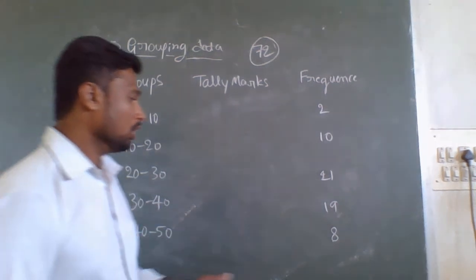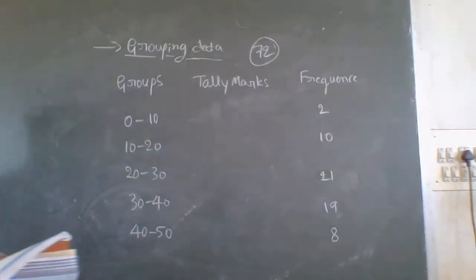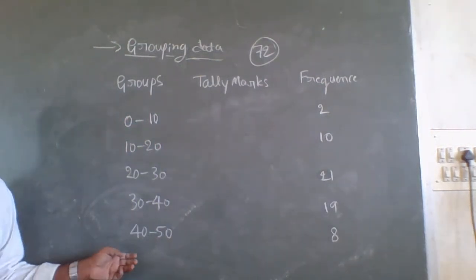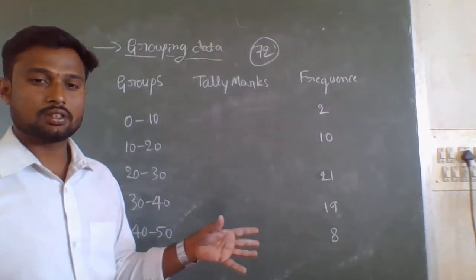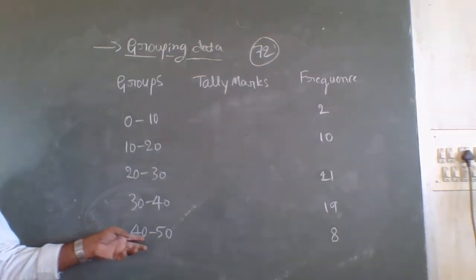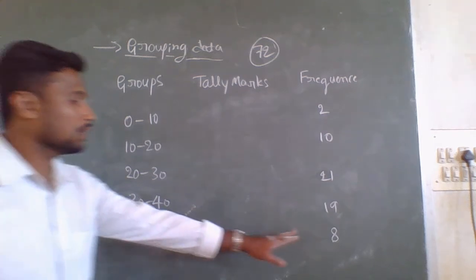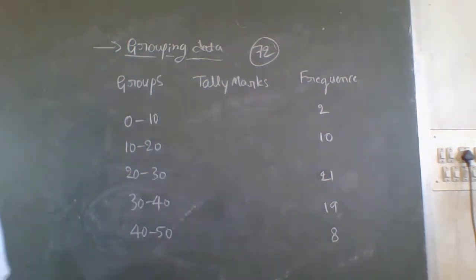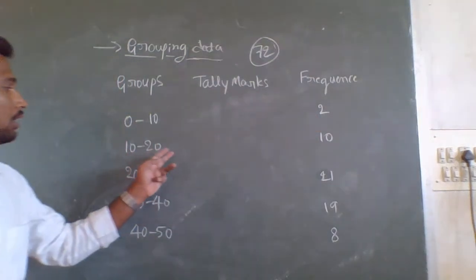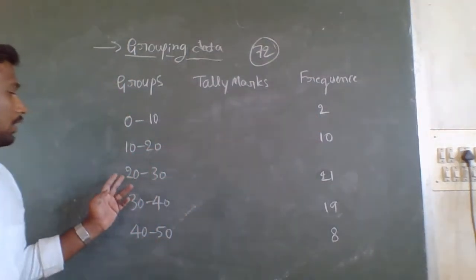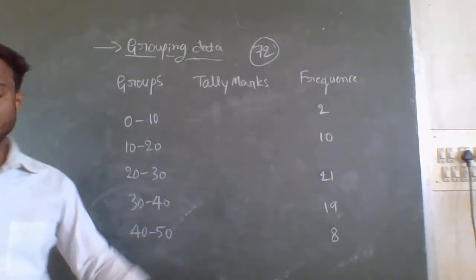Therefore, the last group should be 40 to 50; 50 should be the last number. So 0 to 10 marks taken by 2 students, 10 to 20 10, 20 to 30 21, 30 to 40 19, and 40 to 50 8 students.